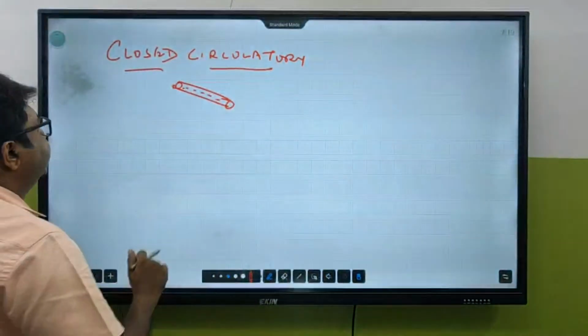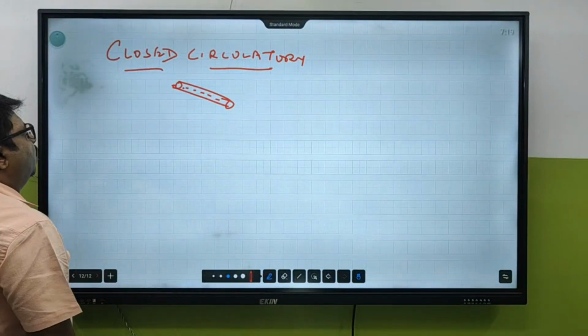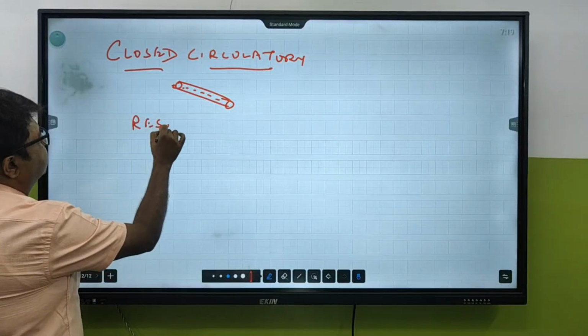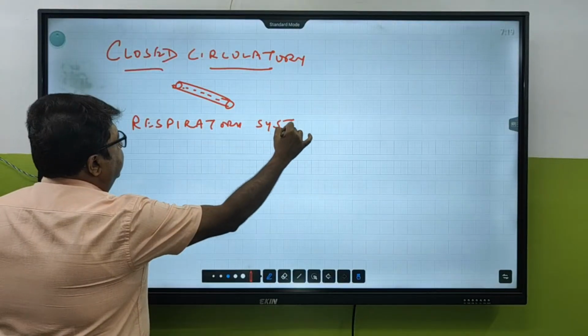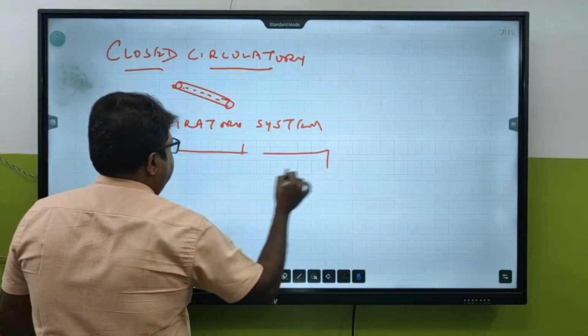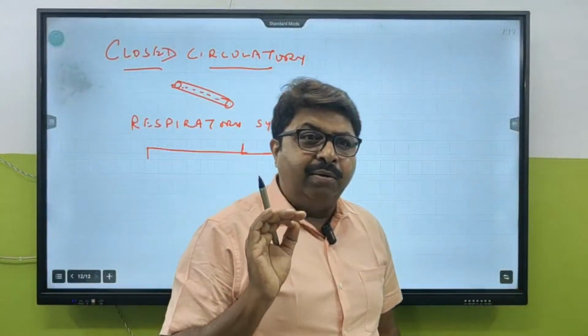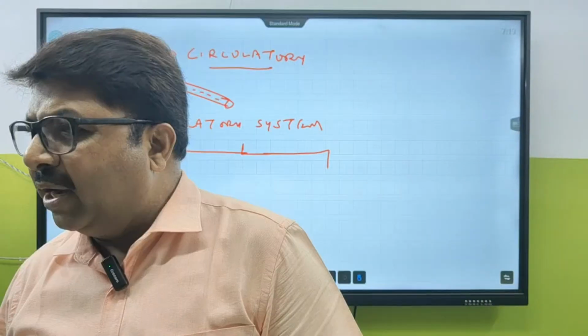Okay. Now, what about their respiratory system? They respire with the help of their skin. Whenever you have seen an earthworm, is their skin moist or dry? Moist.